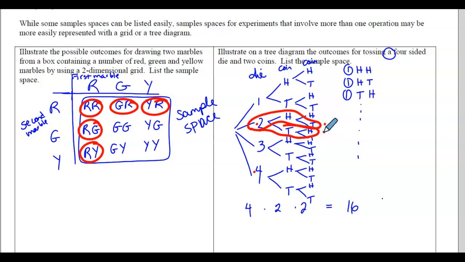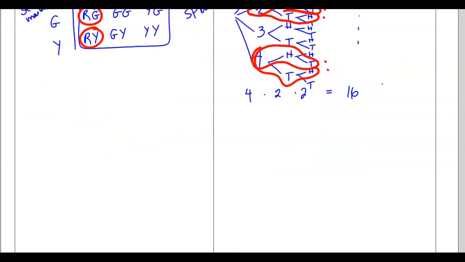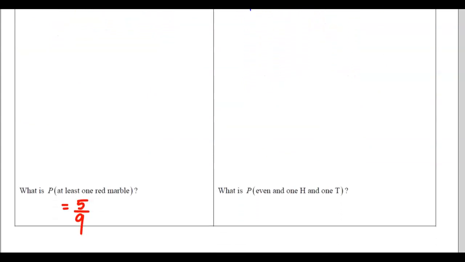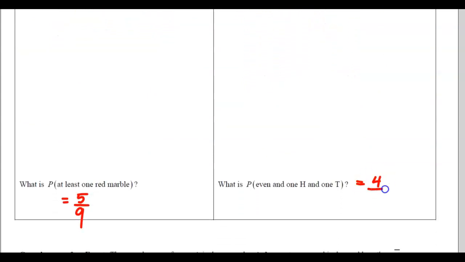And then another even number here, 1 head, 1 tail, and then 1 tail, 1 head. So that's 4. So that's 4 out of 16, which is 1/4.